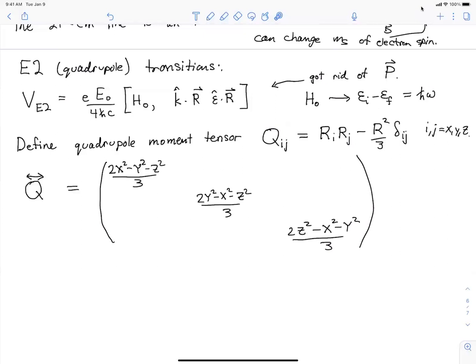And then everywhere off the diagonal, because delta_ij is the identity matrix, I just get x and y, for example, here, and x and z, and y and z. And the way it's constructed, it's symmetric. So it looks like this.